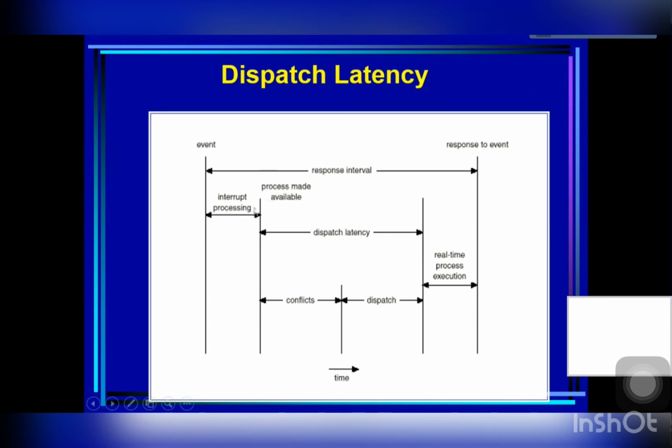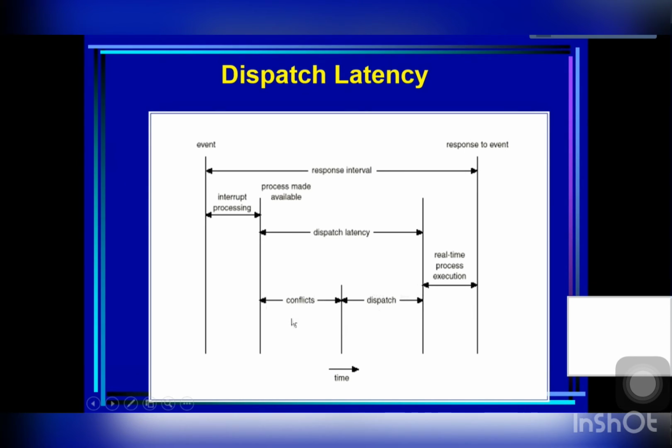So here, interrupt processing. After that, we enter dispatch latency. As for dispatch latency, we can see it is composed of two parts: one is the conflict phase and one is the dispatch phase.